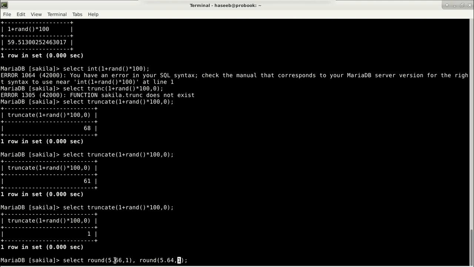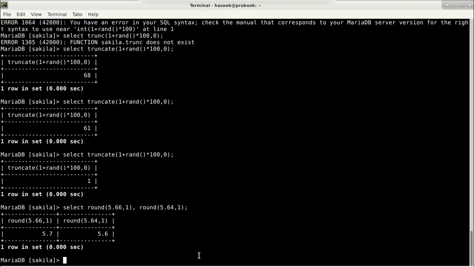So in this case the answer will be 5.7, but in the other case the answer will remain 5.6 because the number at the second decimal place is less than 5. So the first one became 5.7 because of rounding, and the second one will remain 5.6, because the round function increments the value by 1 only if the number at the second place is greater than or equal to 5. So this is how rounding works.